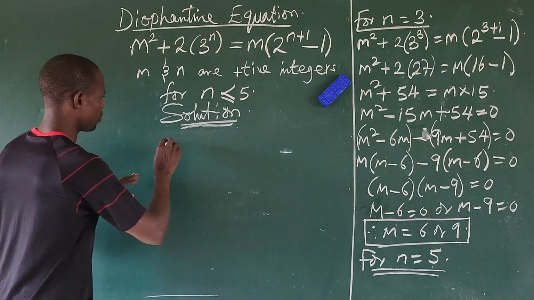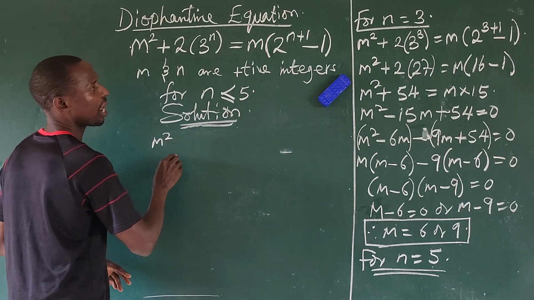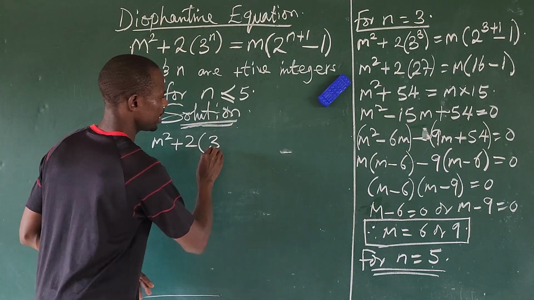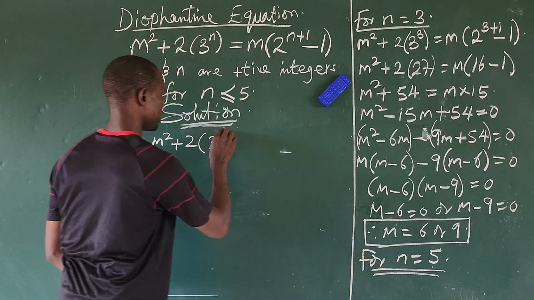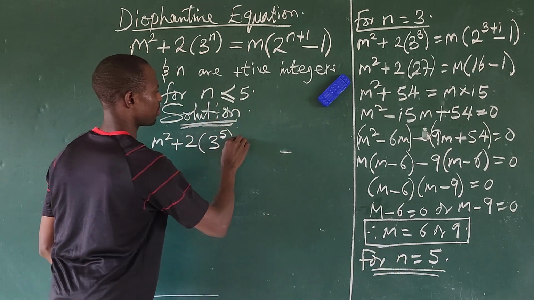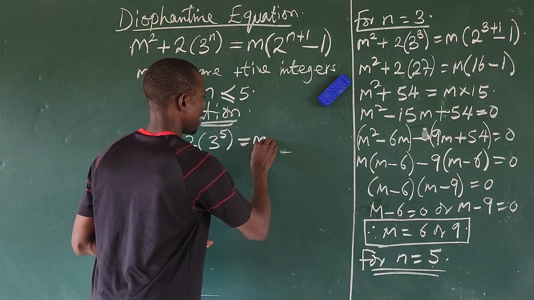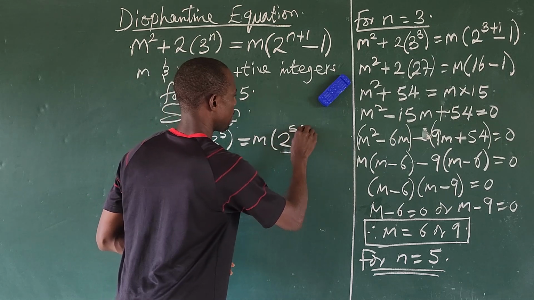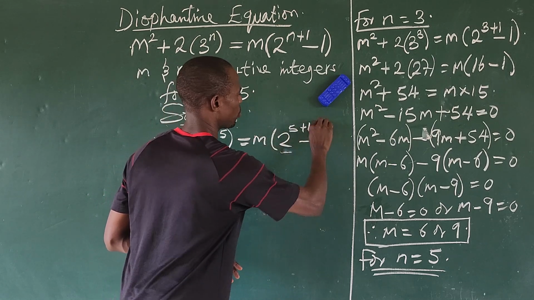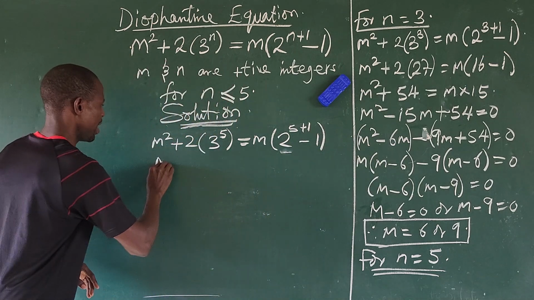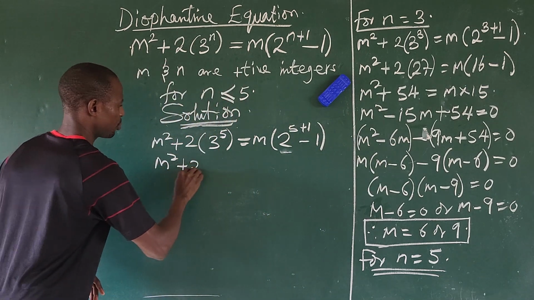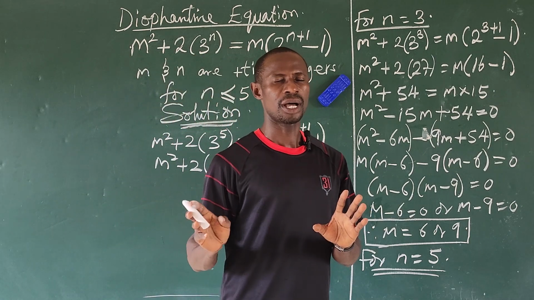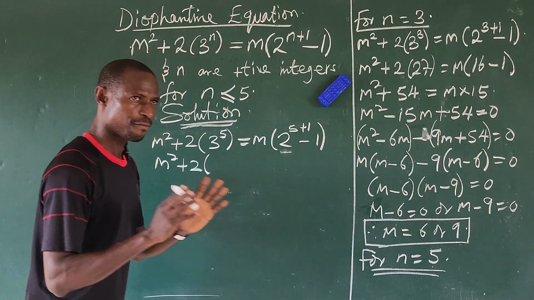Again, from our equation, we're going to have m to the power of 2 plus 2 into 3 to the power of 5, right? So to the power of 5 close bracket equal to m into 2 to the power of 5 plus 1 minus 1. Okay, so we have m squared plus 2 into 3 to the power of 5 will give us 243.